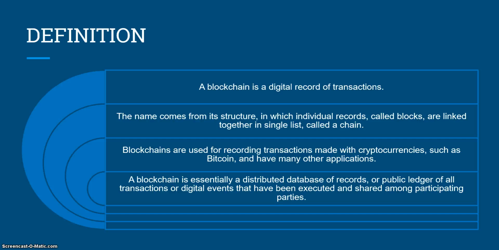It is a larger database available publicly. A blockchain is essentially a distributed database of records or a public ledger of all transactions or digital events that have been executed and shared among the participant parties.